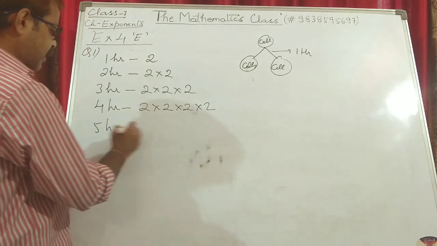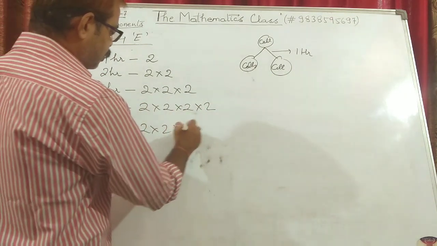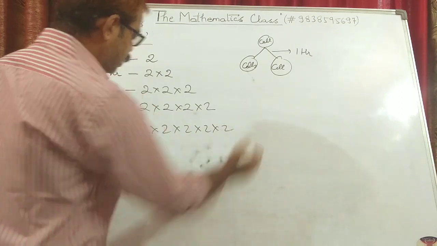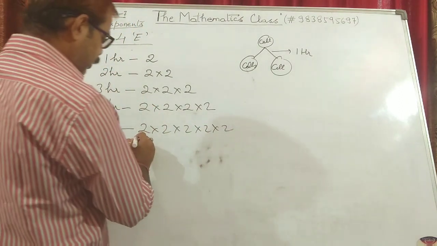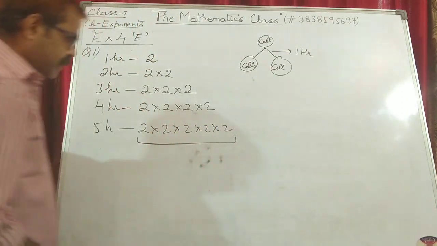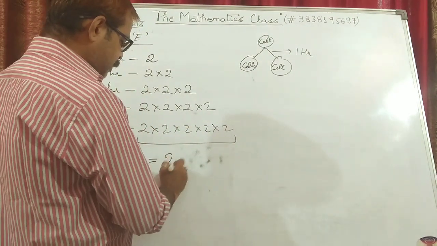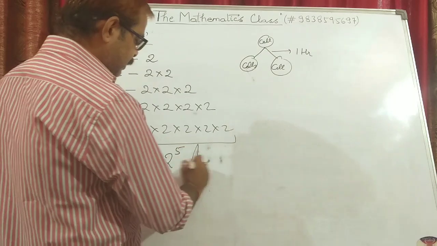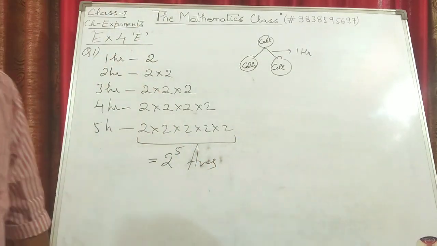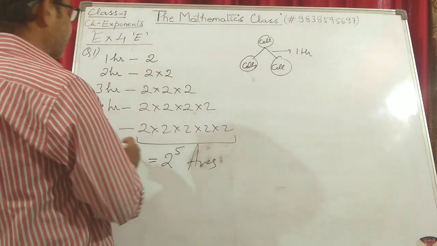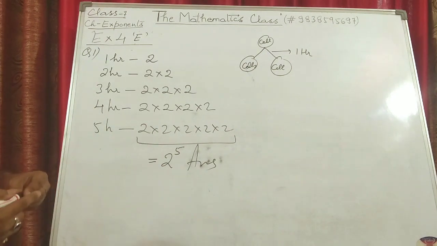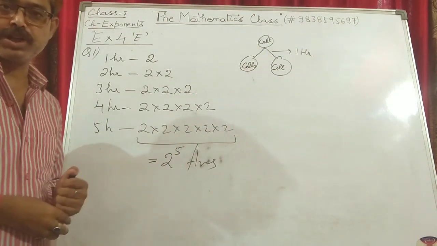And in fifth hour it will be 2 into 2 into 2 into 2 into 2. So what expression can this be written as? 2 is multiplied 5 times to itself. So simply this can be written as 2 to the power 5, and A is the right answer for this. Now we move on to the next question.